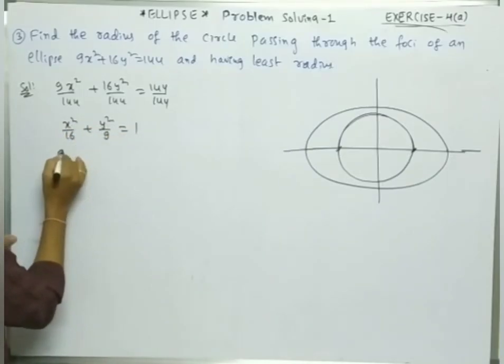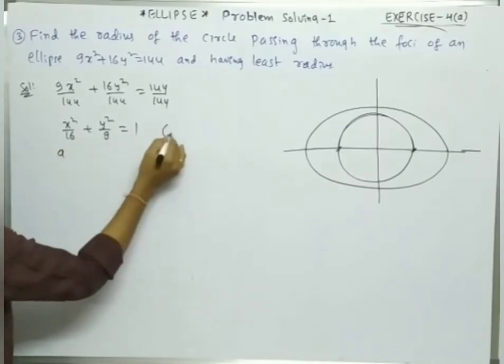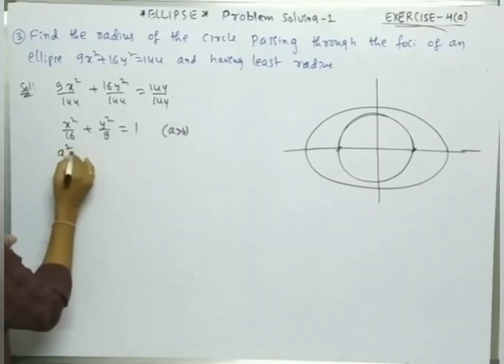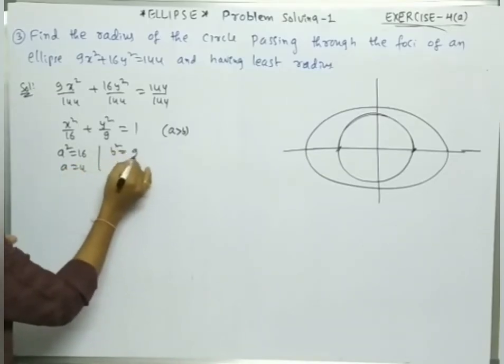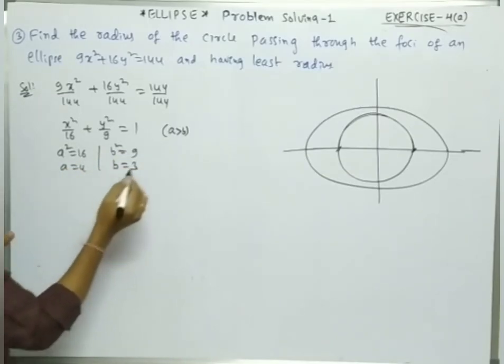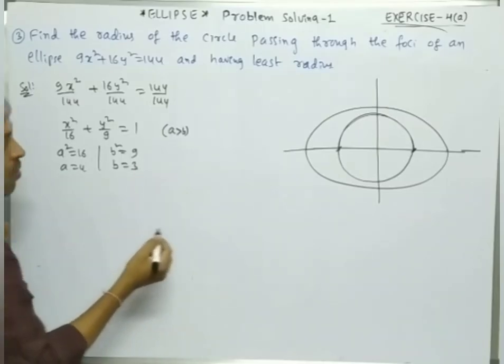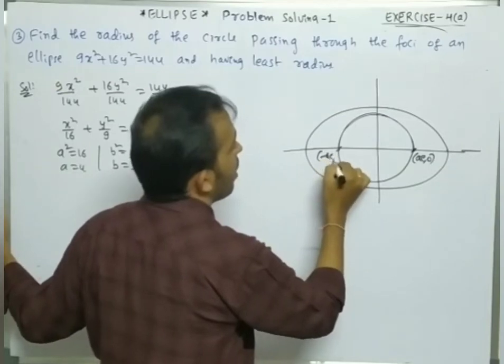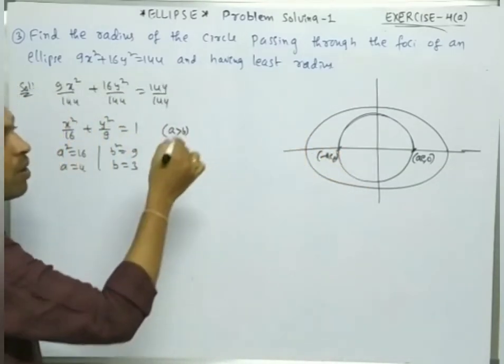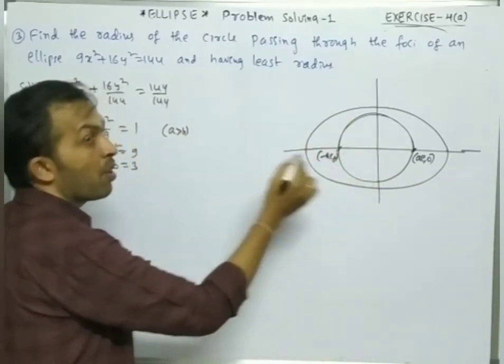So then you will get x square by 16 plus y square by 9 is equal to 1. So compare, here a is greater than b, right? So a square 16, a is equal to 4, b square 9, b is equal to 3. So to find the foci, the points of the foci are ae comma 0 and minus ae comma 0. Why are we finding the foci here? The circle is passing through the foci.